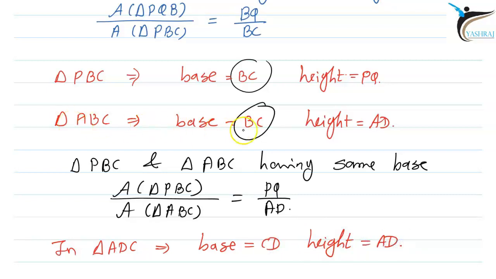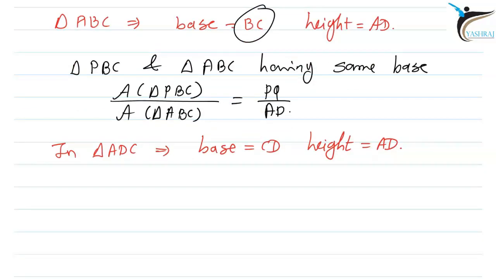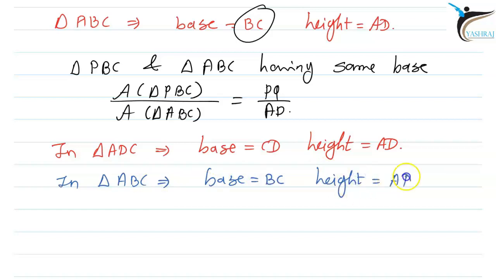And what about ABC? BC becomes the base and AD becomes the height. So I am writing under it, in triangle ABC, the base is BC and the height is AD. So both the triangles now have the same height.